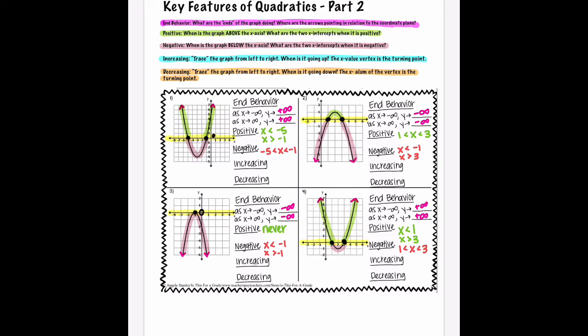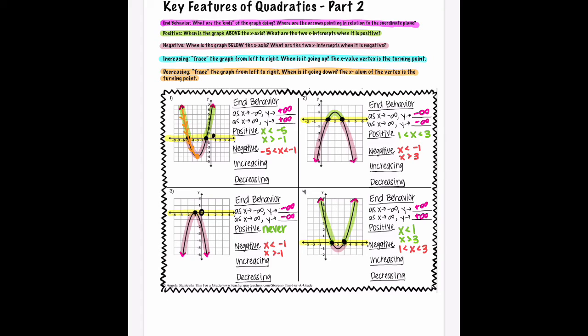Okay? So the part when we were moving down, that was called decreasing. So down until we get to the vertex is decreasing. I'll draw those little arrows to show you that that's the direction we were tracing.